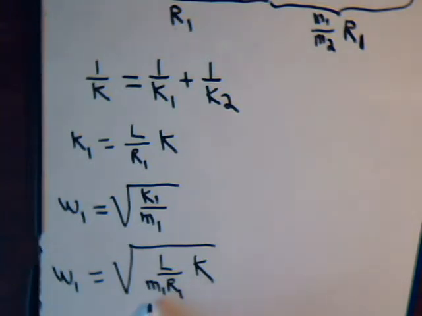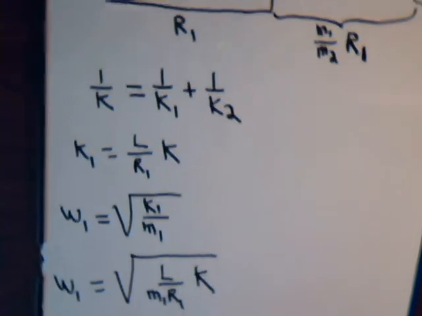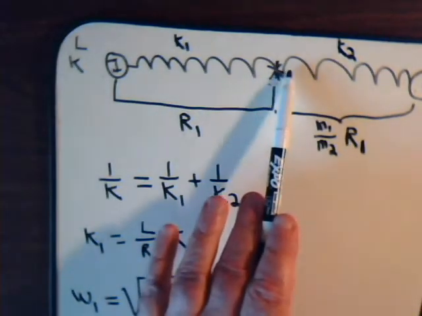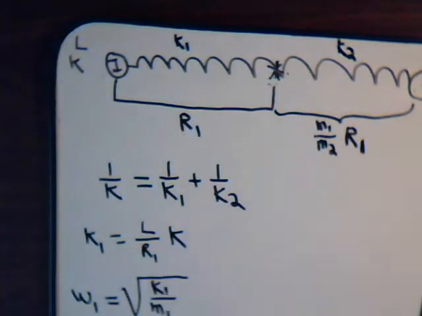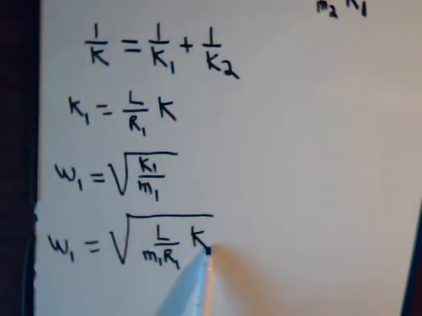We know its mass, and if we know the center of mass of the spring, so that we know R1, and we know the spring constant for the entire spring, as well as its length, then we can calculate the oscillation frequency of the first block.